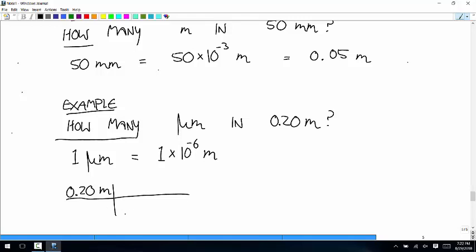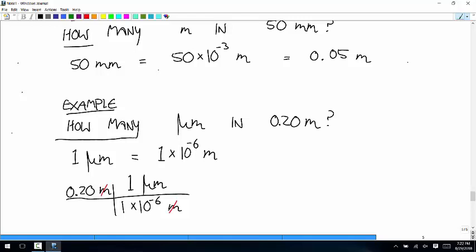We want the meters to be on the bottom to cancel the meters here. So we have 1 times 10 to the minus 6 meters is equal to 1 micron.